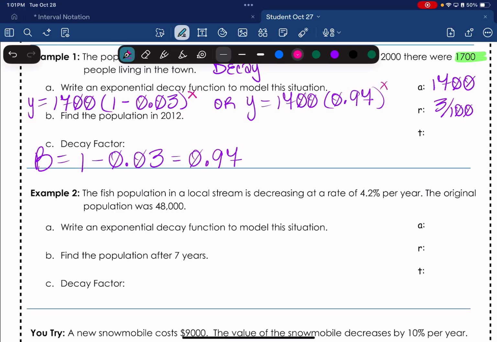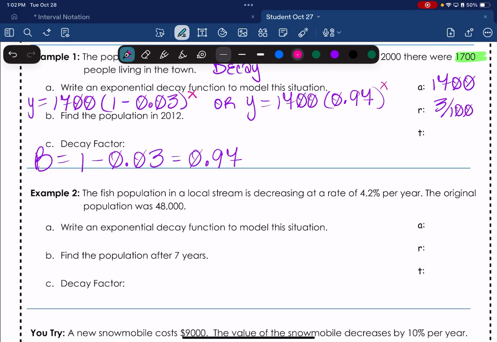And 1 minus 0.03. Where did the 0.03 come from? The rate divided by 100. So I just went ahead and subtracted it and got 0.97. Now this is where a lot of people are going to mess up, figuring out what your time is.